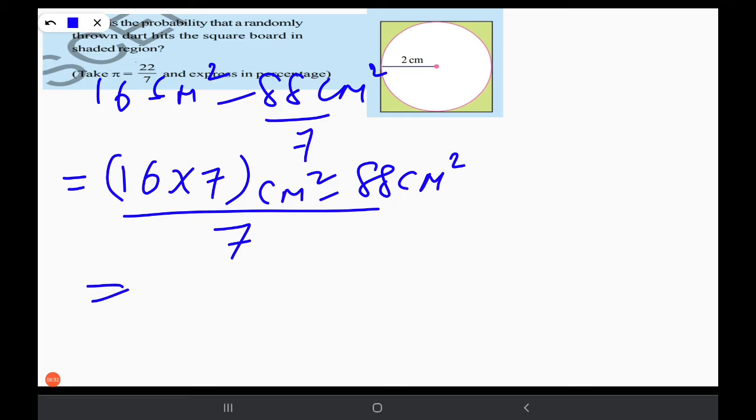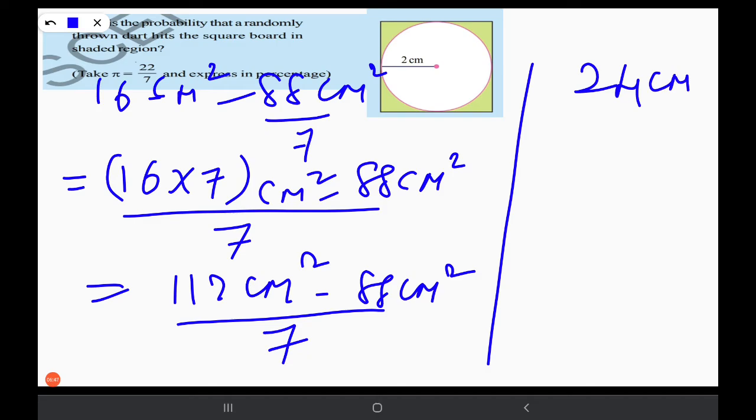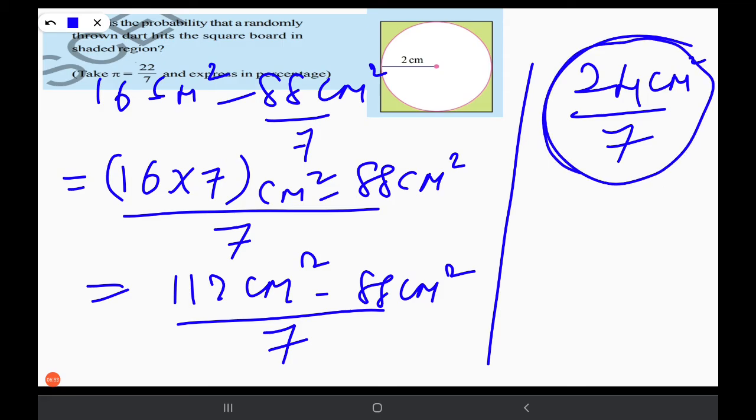This becomes 112 centimeter square minus 88 centimeter square by 7. If you subtract, 112 minus 88, it becomes 24 centimeter square by 7. So this is the area of the shaded part.